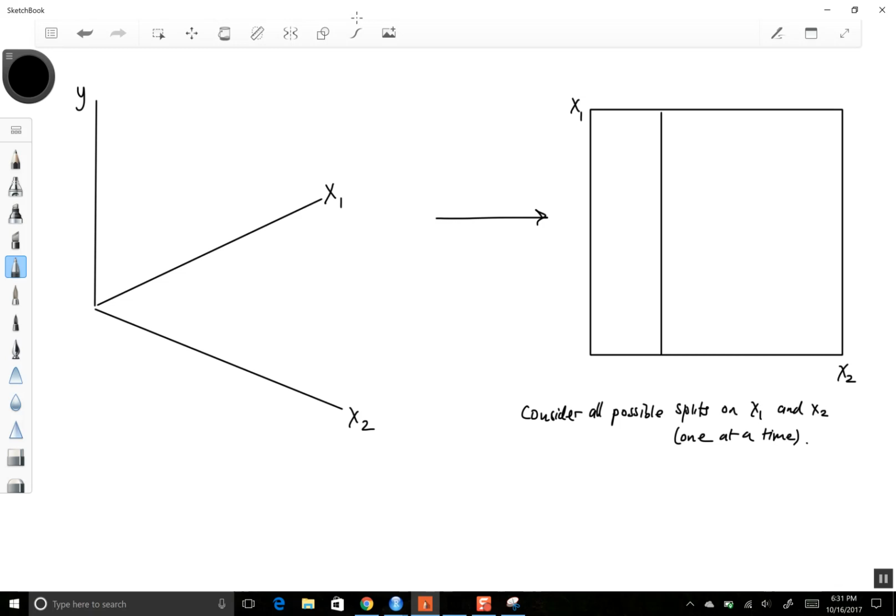After you've done this, you pick a side, usually the one with a greater RSS after the split, but it doesn't really matter. Usually the side with more RSS, and then say, okay, what's the next split I can do that will minimize the RSS for one of these sides?